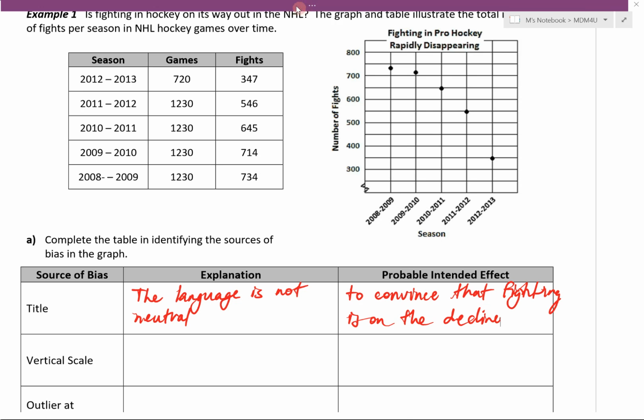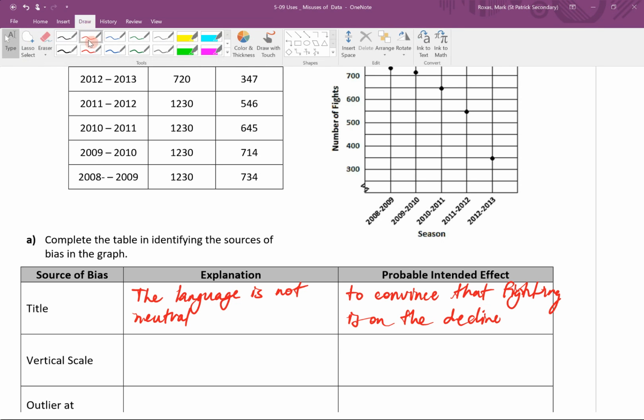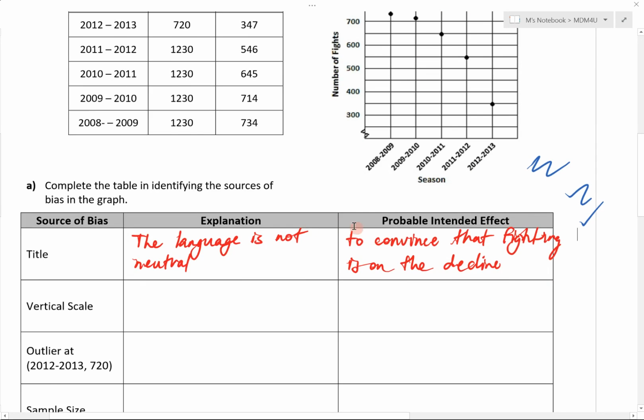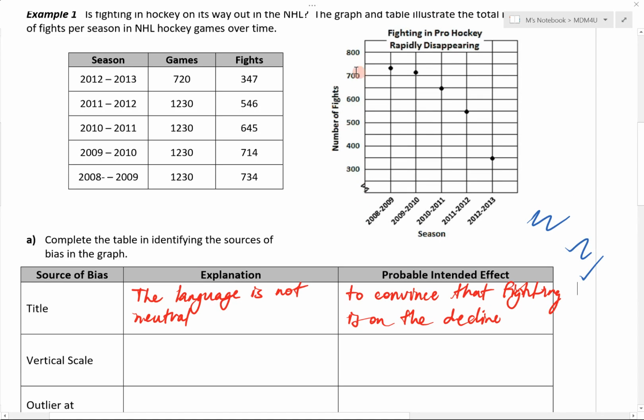Okay. Let's look at another reason. So let's look at the vertical scale. The vertical scale goes from 300 to 800. It does not start at 0. So what's happening here? The scale does not start at 0.